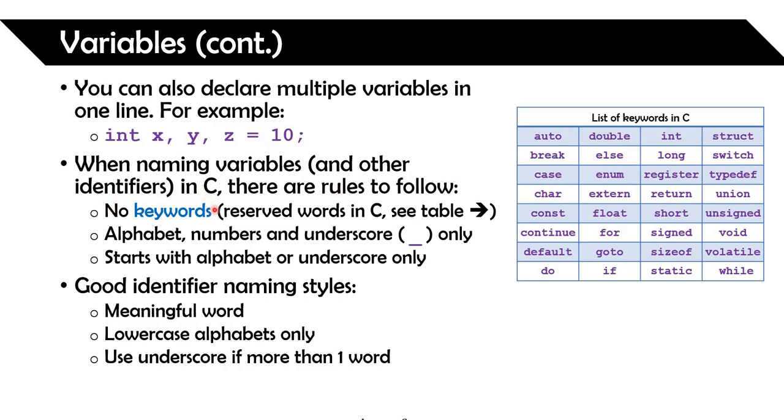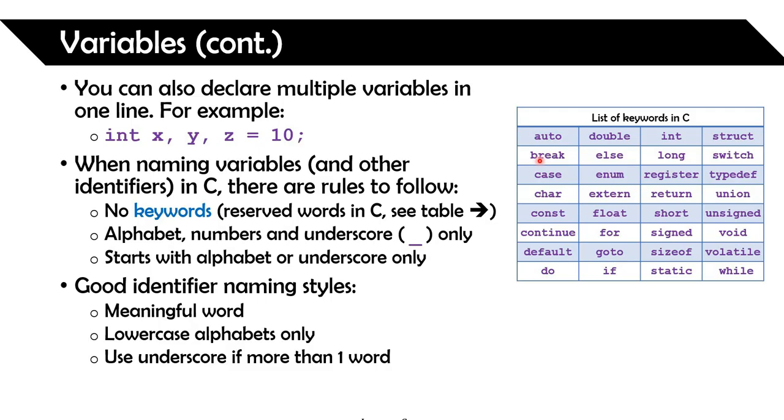You can't use keywords. What are the keywords? These keywords are reserved words in C. For example, look at this table. These are all reserved words, a list of keywords, which means you can't use these names as your variable name.